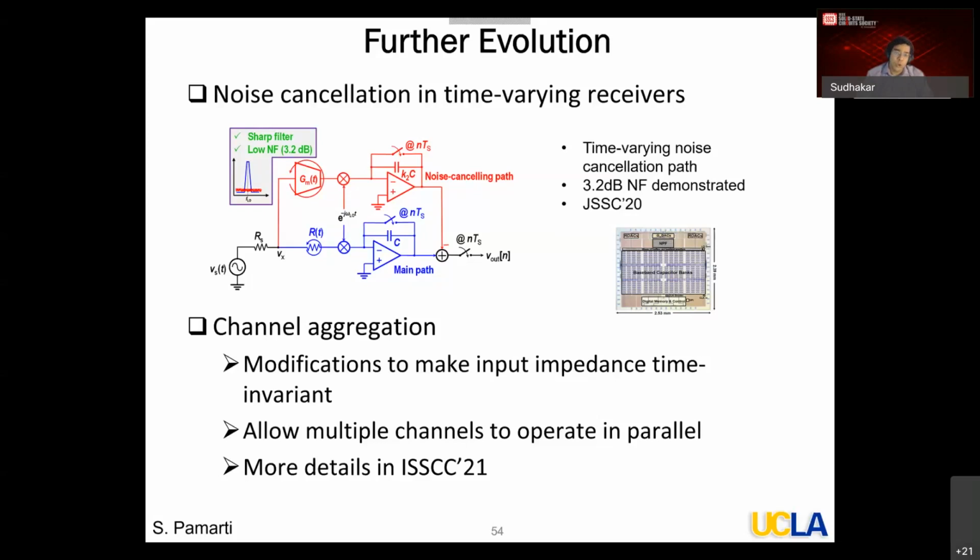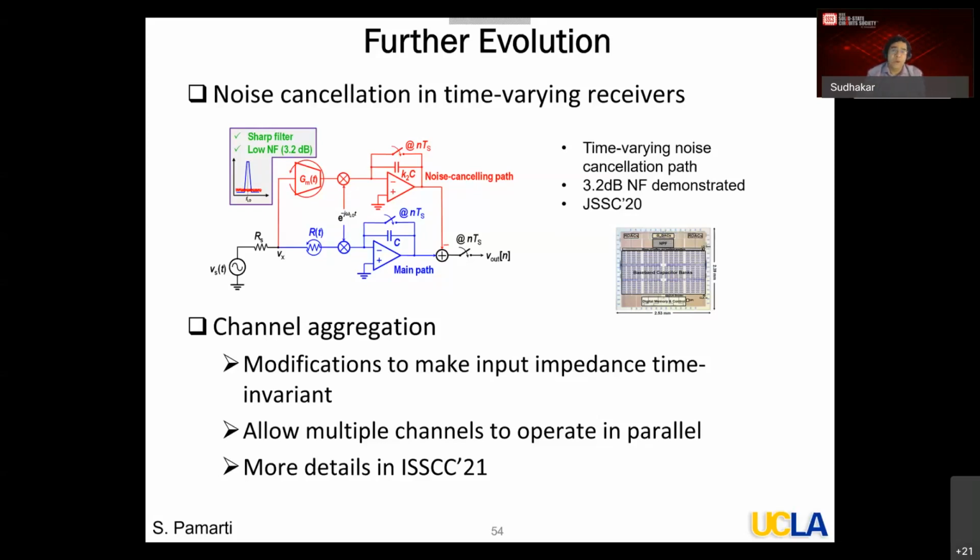So we also did other work on this. I did not talk about it in detail here, but basically we showed that you can do noise cancellation also in time-varying receivers of this kind. This noise cancellation is a little more involved than the standard noise cancellation that Broadcom and Bram Nauta's group and others have pioneered over the years.